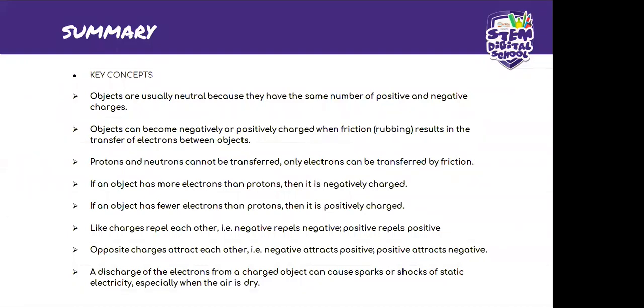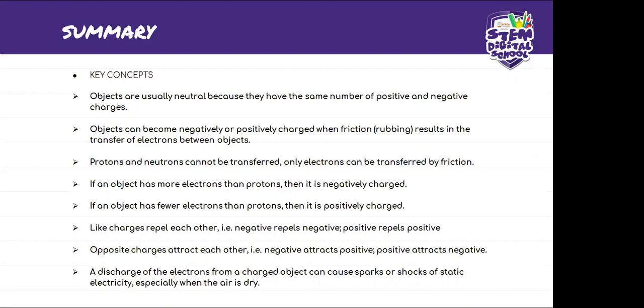If an object has more electrons than protons, then the object is said to be negatively charged. If an object has fewer electrons than protons, then it is positively charged. When like charges are brought closer to each other, they will repel each other.